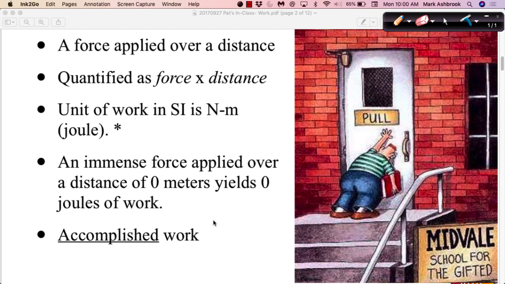This is this theme we've been talking about all semester, right? That as I push, the amount of work I do does what? Accumulates, right? So it's accumulated or accomplished work at any given distance that I've traveled. My work is continually accumulating.